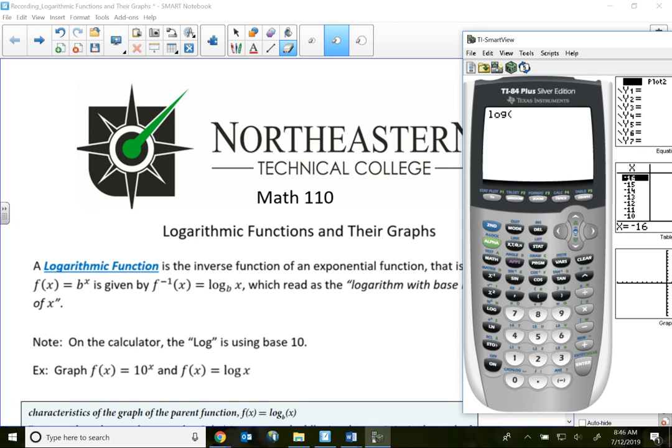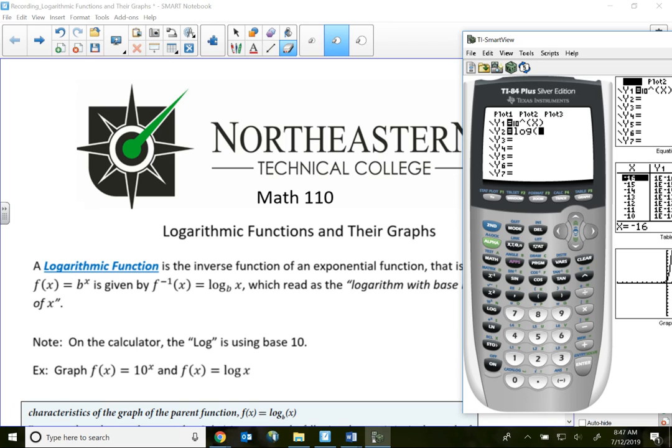All right, let me do this real quick with you. I'm going to enter 10 to the x, second log, base 10 to the x power, and graph it. This is an exponential function. It shoots up very fast because its base is 10. Then its inverse will be log of x.